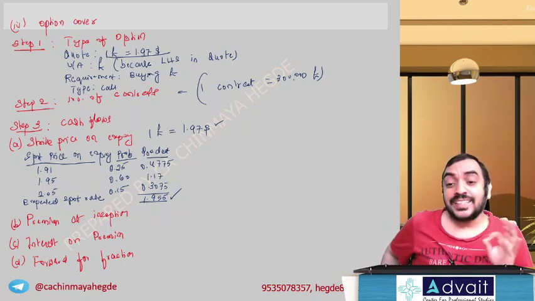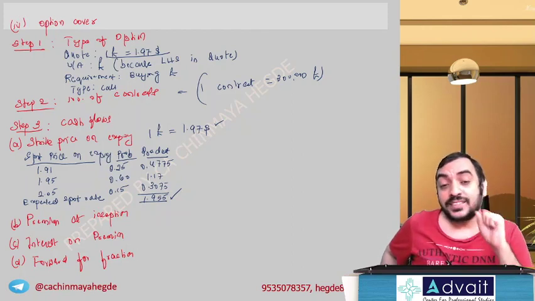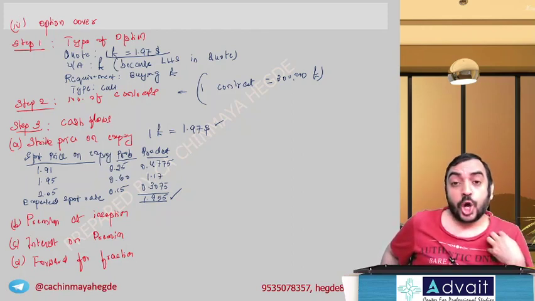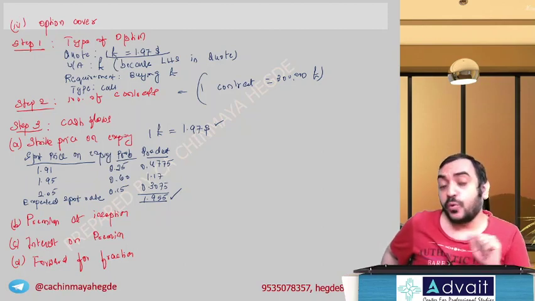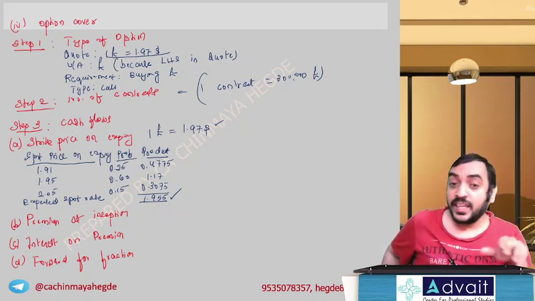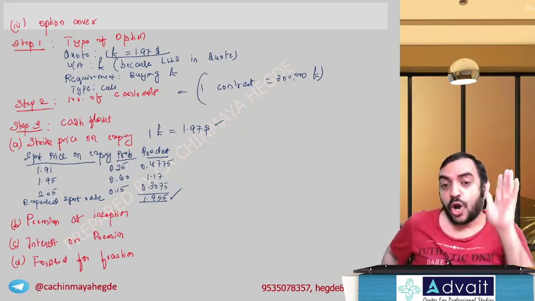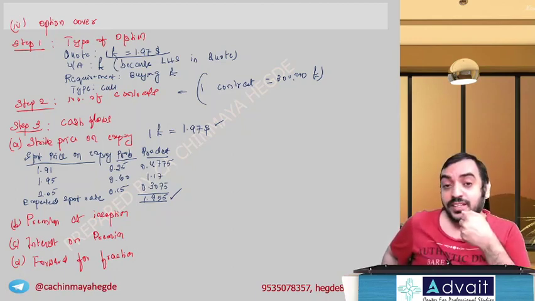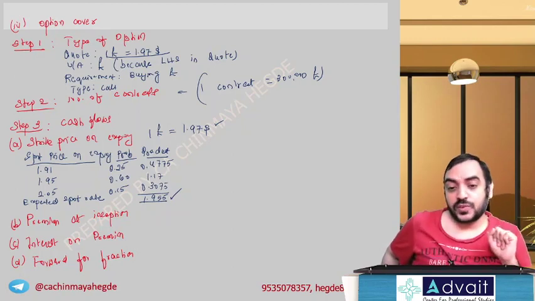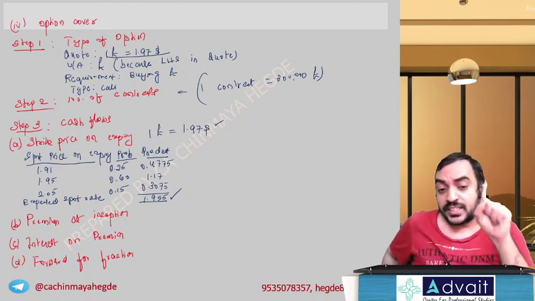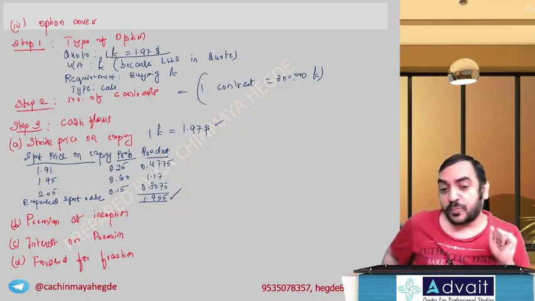Call option is exercised when the market price is high, because a call option gives you the right to buy, and you would like to buy at a lower price. When the market price is high, the market is not beneficial, and the option is giving you a cheaper price. The strike price is cheaper, so you would like to buy at the strike price. So 1.97 strike price, market price 1.955.